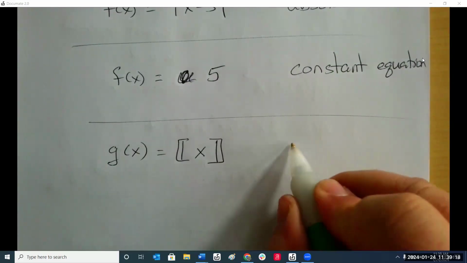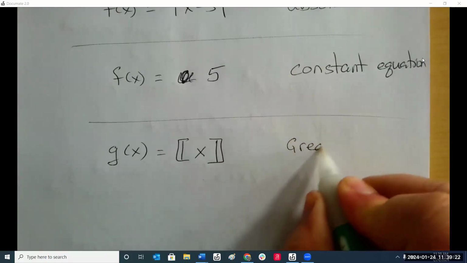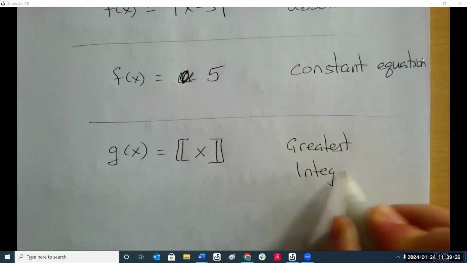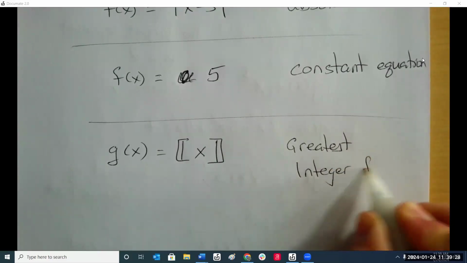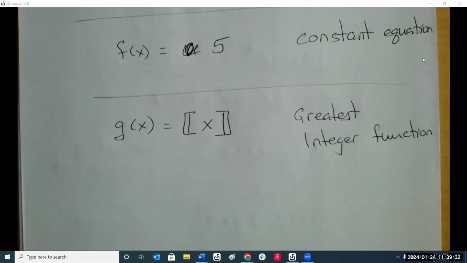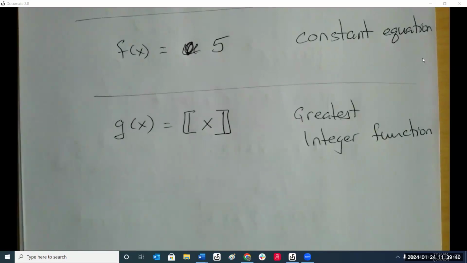No, we'll call it that though. This is called the greatest integer function. Basically, all this function tells us is no matter what your number is, if it has a decimal, drop the decimal.